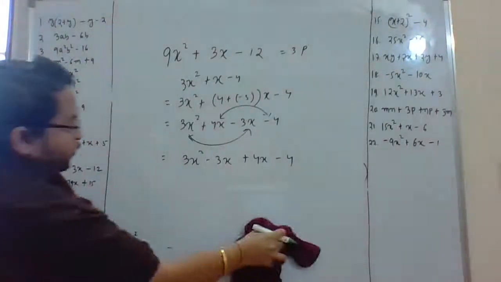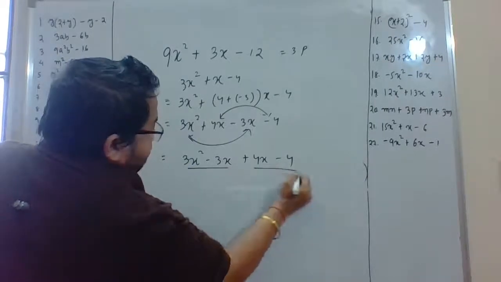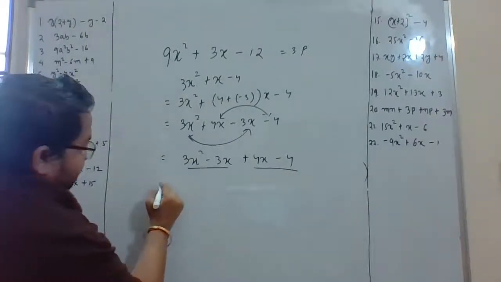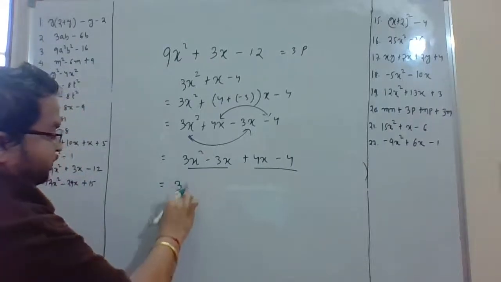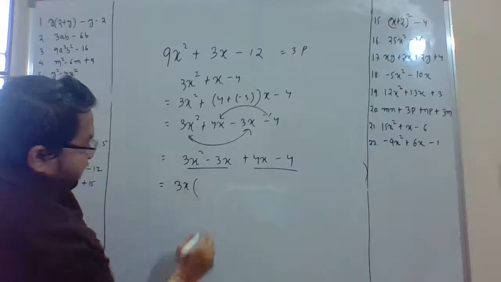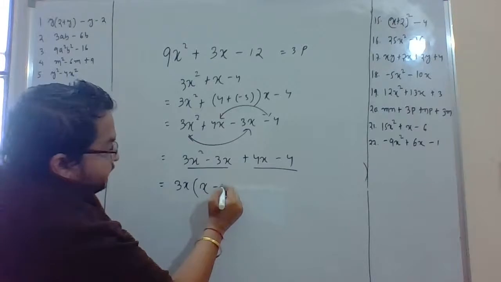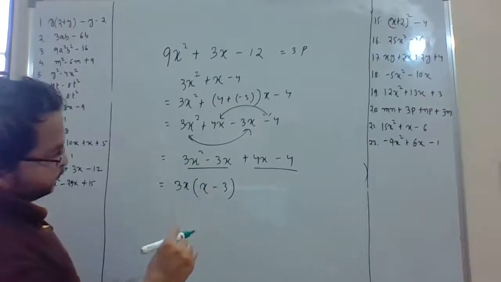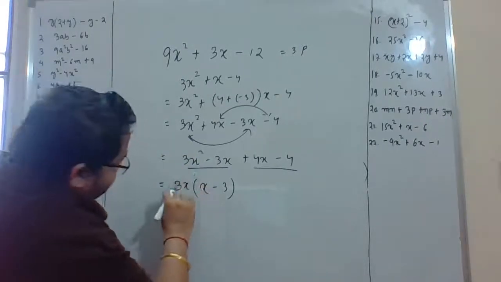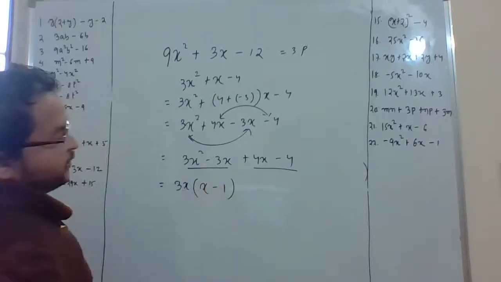Now if I take the first two terms as the first pair and the last two terms as the second pair, the 3x will go common factor, and the remainder here is x minus 1, right? No, hold on, 3x is the common, so it will be x minus 1.